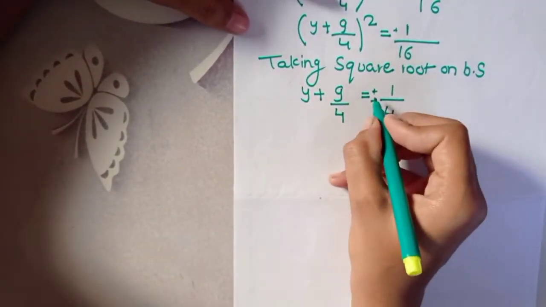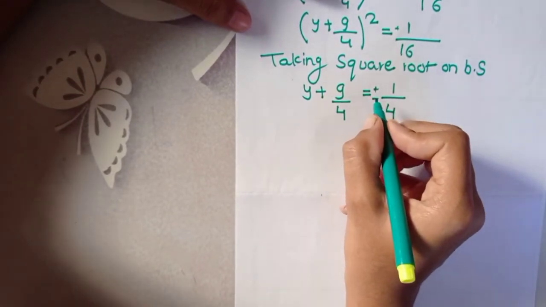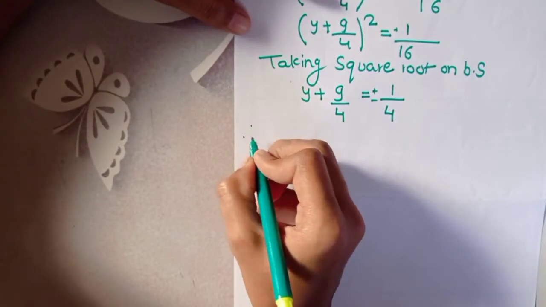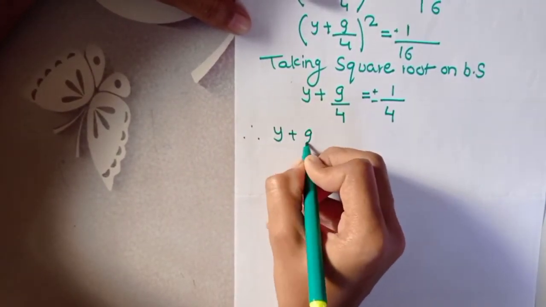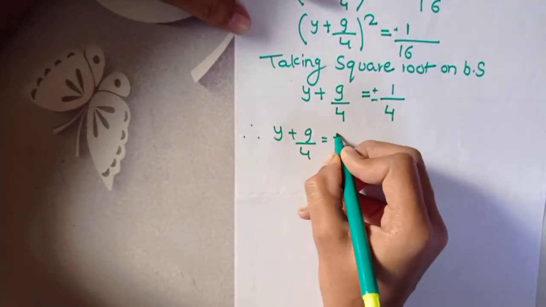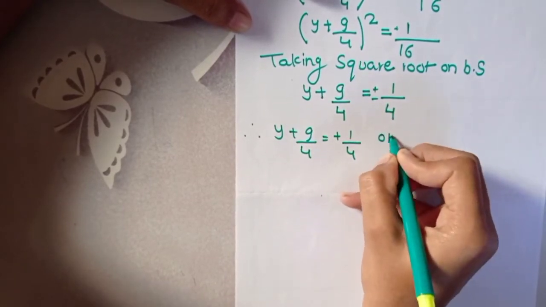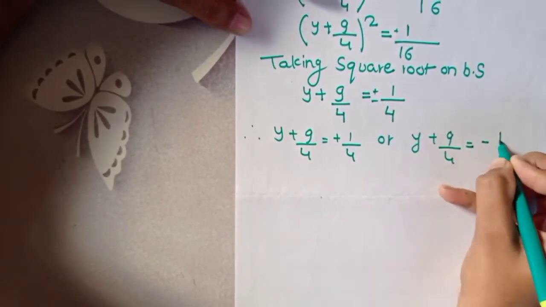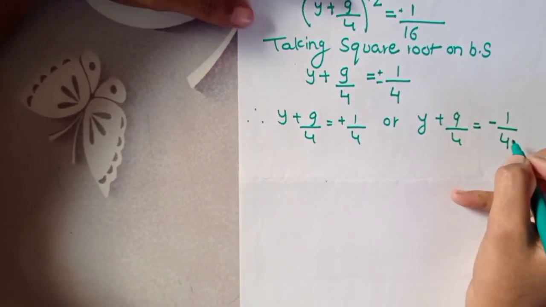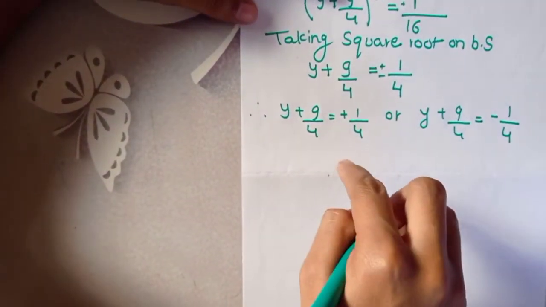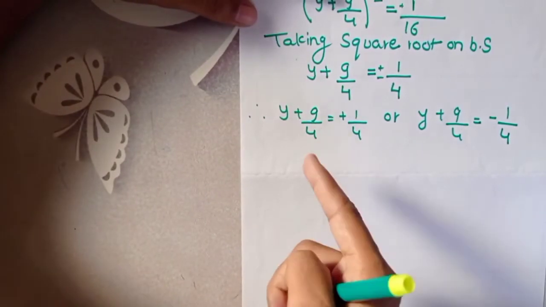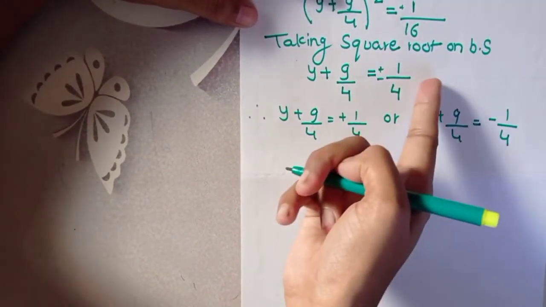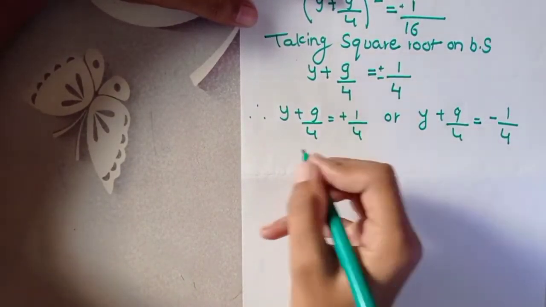We have to remember these minor things. Therefore, y plus 9 by 4 is equal to plus 1 by 4, or y plus 9 by 4 is equal to minus 1 by 4. At a time there will not be both, but in the next step we have to put this value.